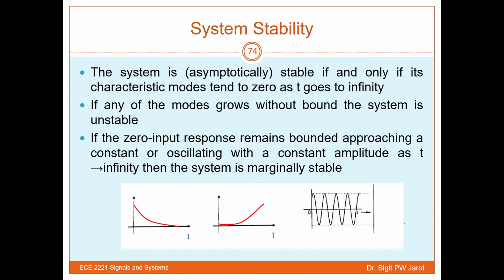So let's see this example. We have a stable system only if the characteristic mode tends to zero as t goes to infinity, just like what I explained before. But if the response goes without bound, like this one, with no limitation and not going to zero at infinity, this is an unstable system.